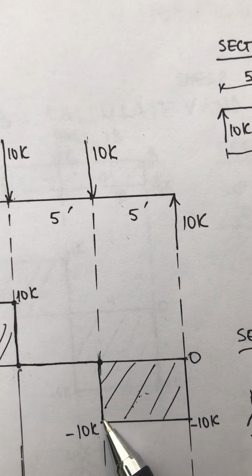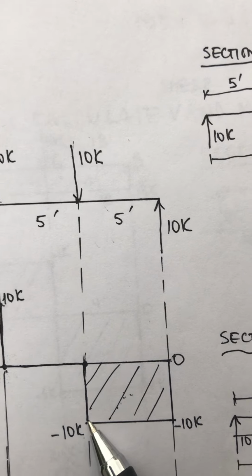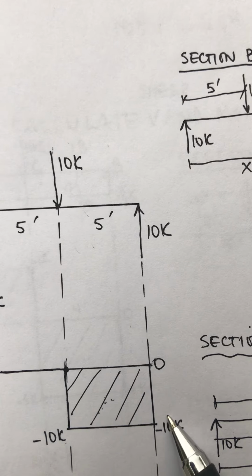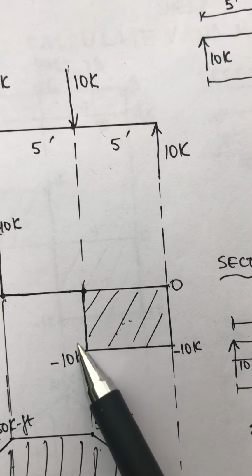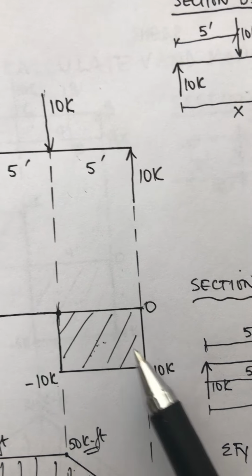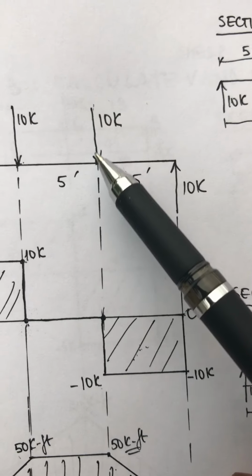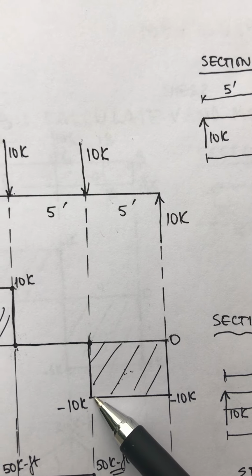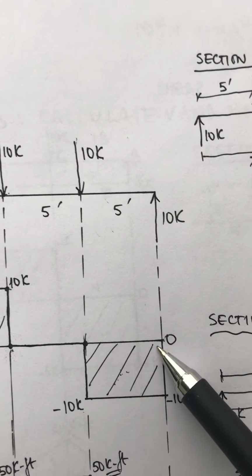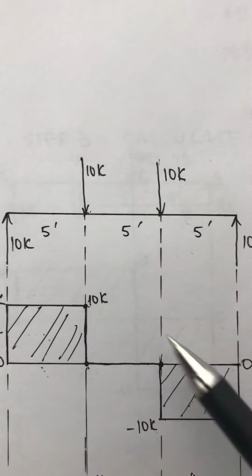And the calculation showed me that from 10 to 15, V is 10k, but it's negative because the force is going down here. That's how I have my shear diagram.